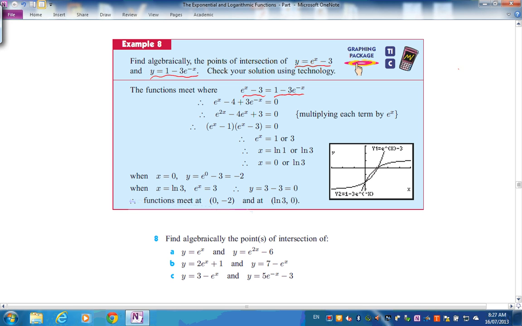Let's remember now, if you're asking for two graphs to intersect, doesn't matter what the graphs are, what is true about both of these points? Well, they only have one x and one y each.